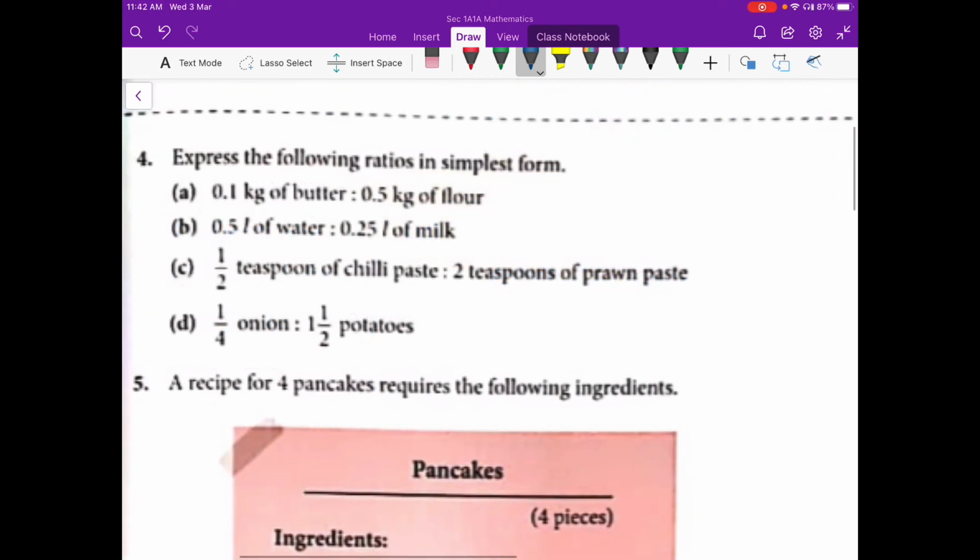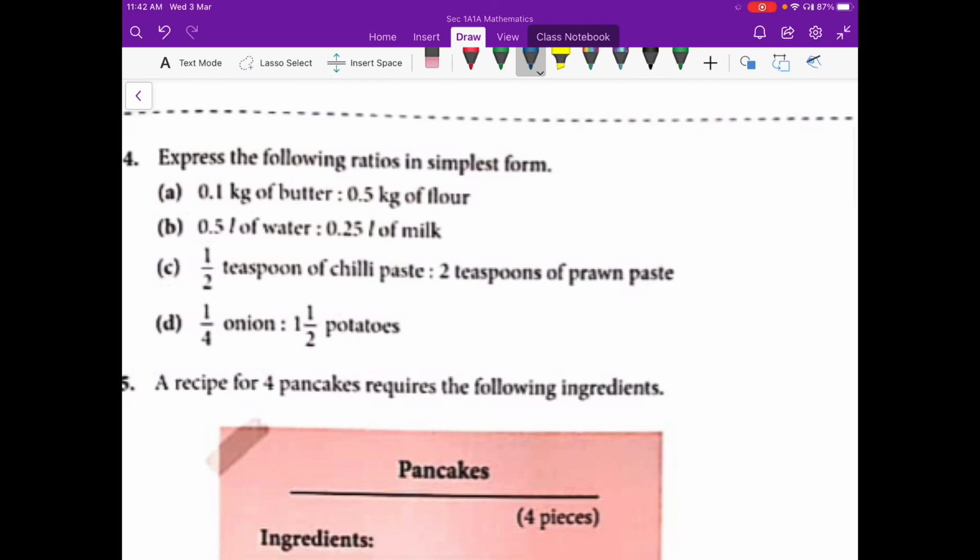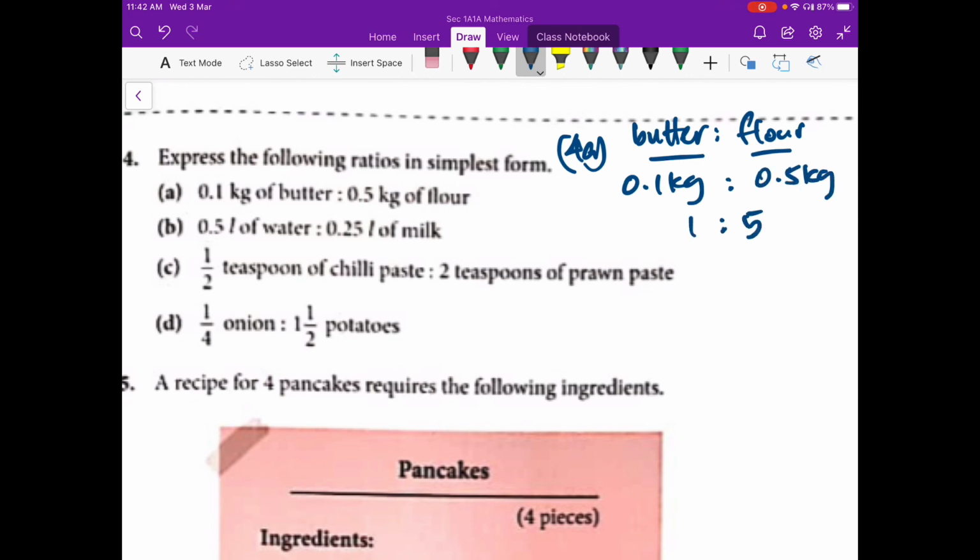Okay. 4A. Butter to flour. 0.1 kg, 0.5 kg. Answer 1 to 5. Okay, if you get it correct, take.